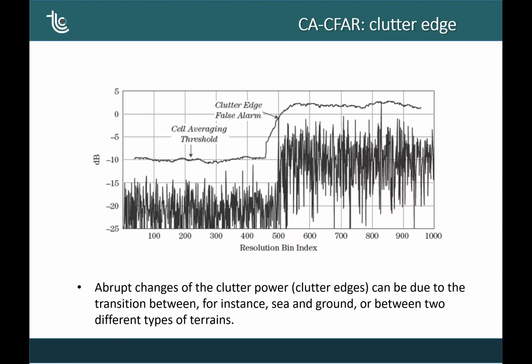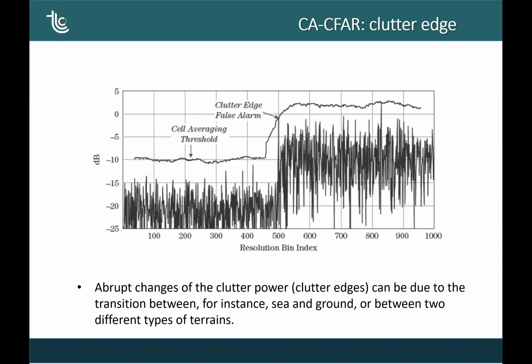But if you have a target here, say in the area between 480 and 500 range bins, a small target, you don't see it because the threshold is increasing, because in the second area there is a high power of clutter.